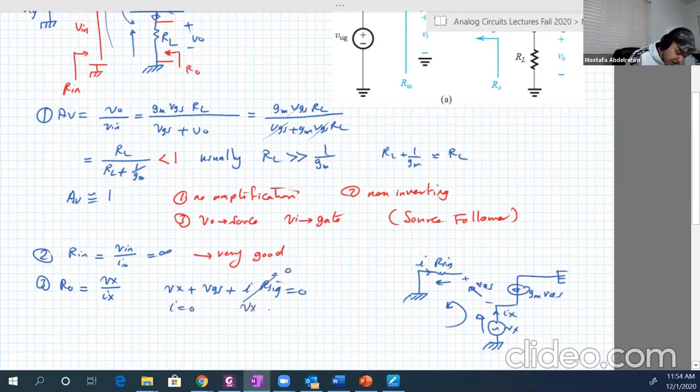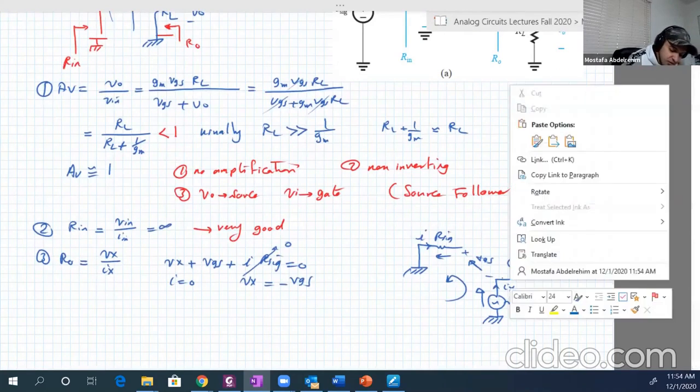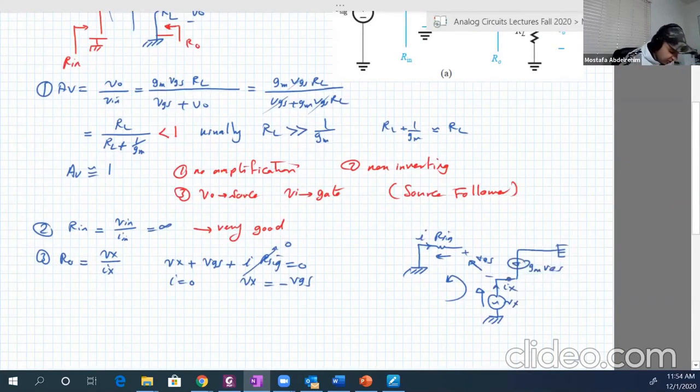So basically Vx is minus VGS. How about Ix? At that node here, the current input is Ix. GM VGS is also input, so it's also positive, equal to 0. There are no other currents. So Ix is equal to minus GM VGS.